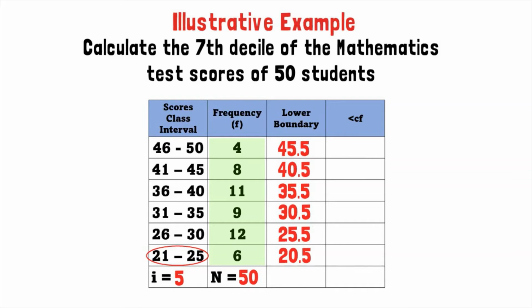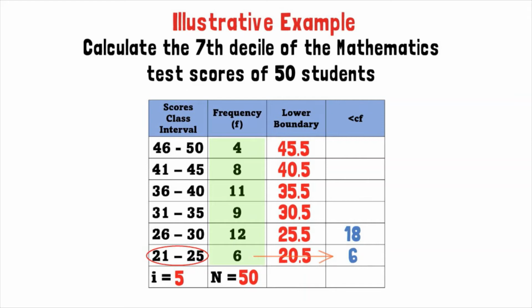The next thing we will do is to get the less than cumulative frequency. The first thing we need to do is copy the frequency of our first class. So we have 6. And then, we add this to the frequency of the second class to get the less than cumulative frequency of the second class. That is 6 plus 12, which is equal to 18.